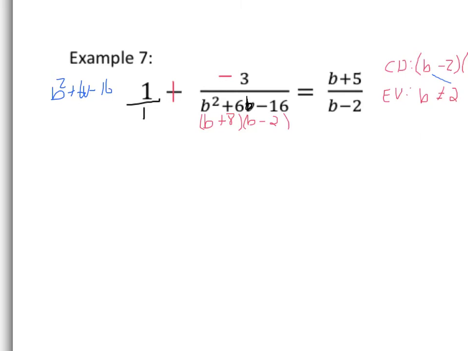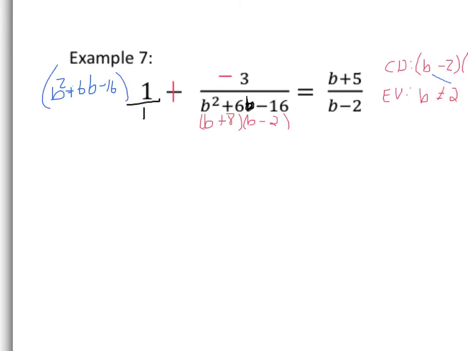So that's a typo. So I'll rewrite this here. So I'm going to write it as a trinomial, because eventually I'm going to have to solve for a variable. I could write it as two binomials, b plus 8 times b minus 2, but eventually I would have to FOIL it, so I'm going to leave it like this.